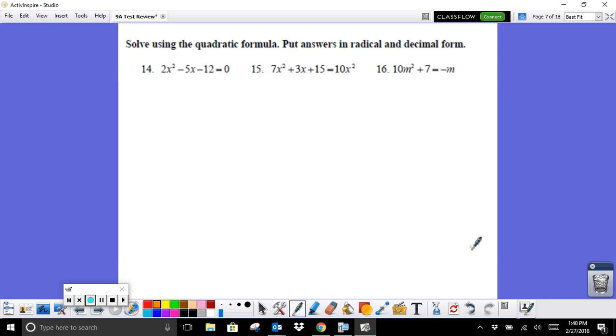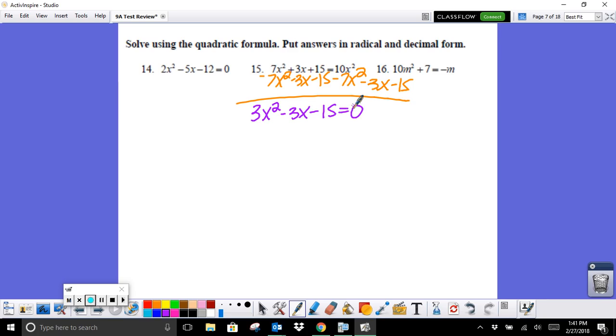So I need to move my 7x squared to the other side. I'm going to subtract my 3x and my 15 and move them to the other side. So I'm just moving everything to the other side. What I have now: 10x squared minus 7x squared is 3x squared, minus 3x minus 15 equals 0.